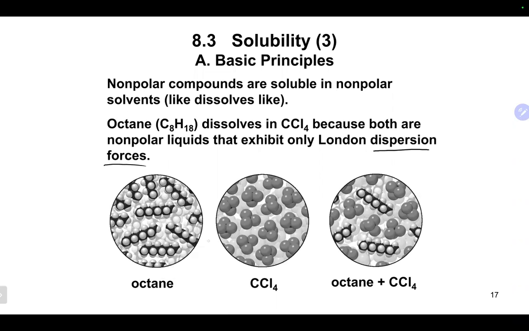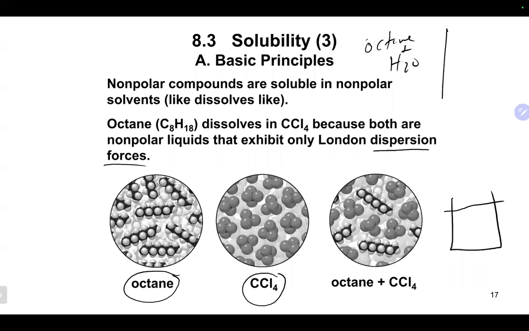If you took something like octane and put it in carbon tetrachloride versus octane in water, the carbon tetrachloride mixture is going to look like just one layer. If you threw the octane in water, you are not going to see that.